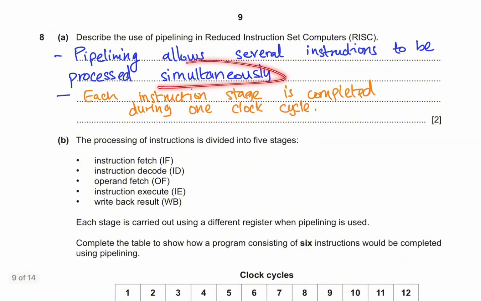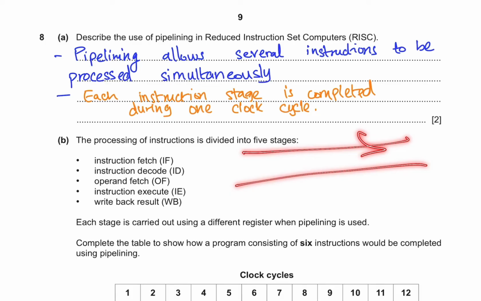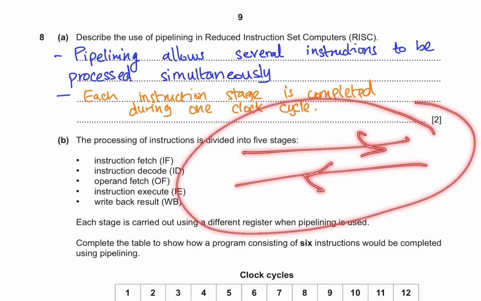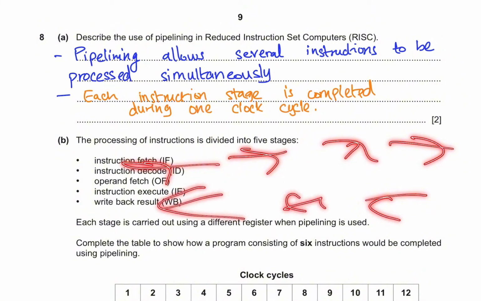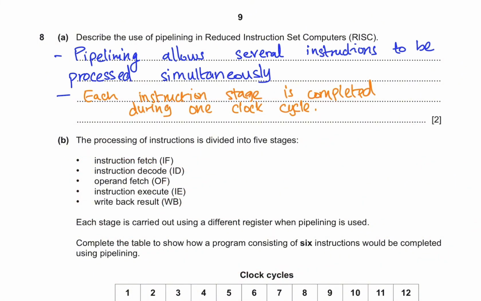Simultaneously means two things will happen at the same time. If one thing is going in one direction, the other is going in the other direction at the same time. So pipelining allows one, two, three, four functions flowing simultaneously, being processed. Each instruction stage is completed during one clock cycle.